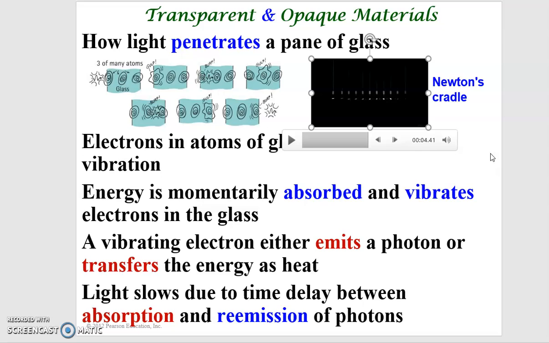However, when they interact with the particles, the light as a photon, as a particle, will be absorbed by the particles, the electrons in the glass, and they will start to vibrate. The electron then vibrates, emits another photon, and transfers the energy to the second one.